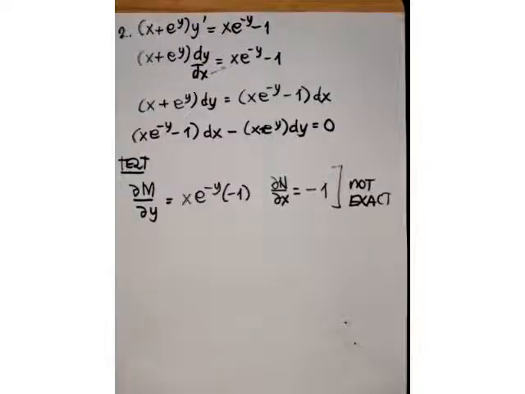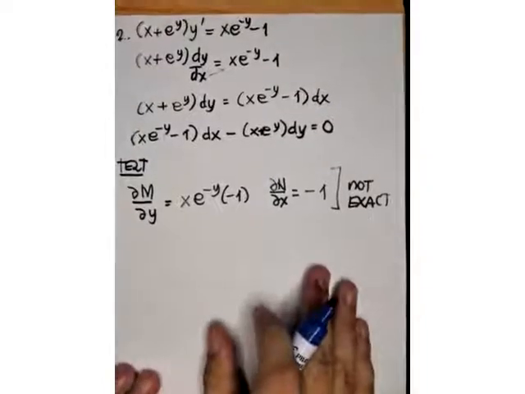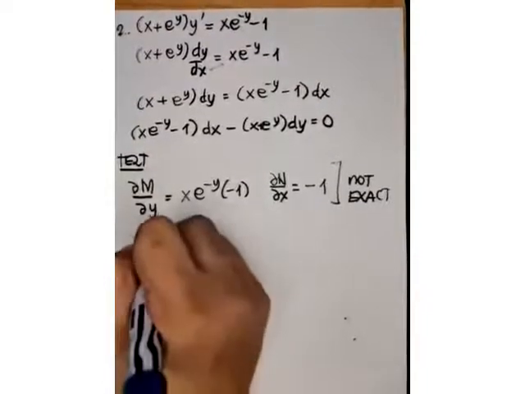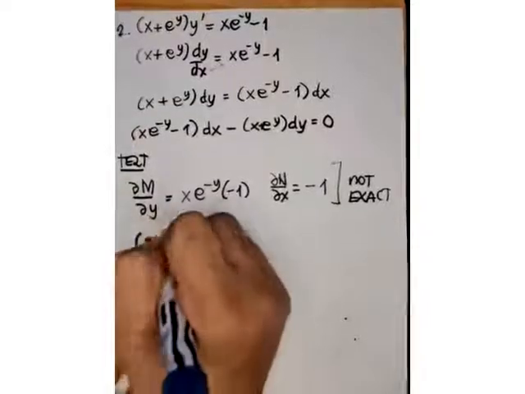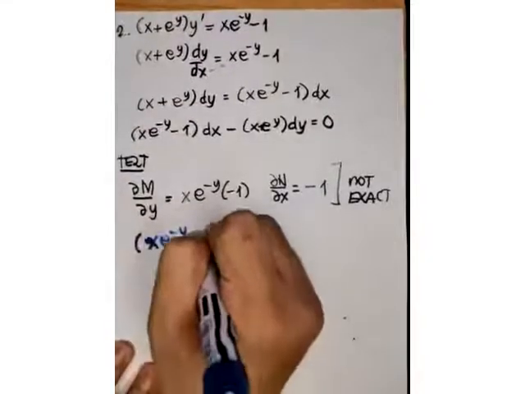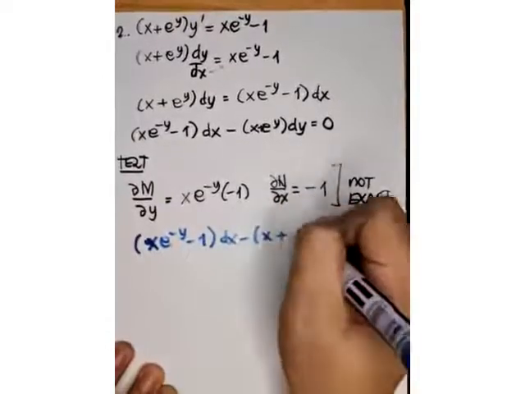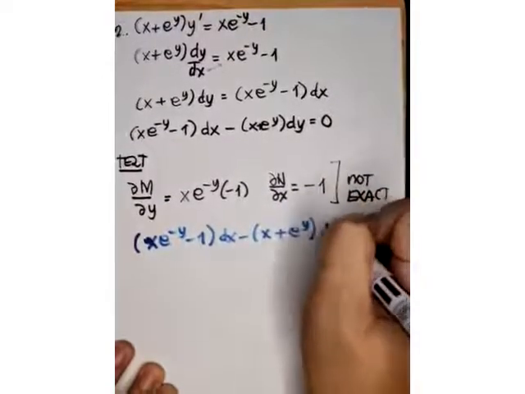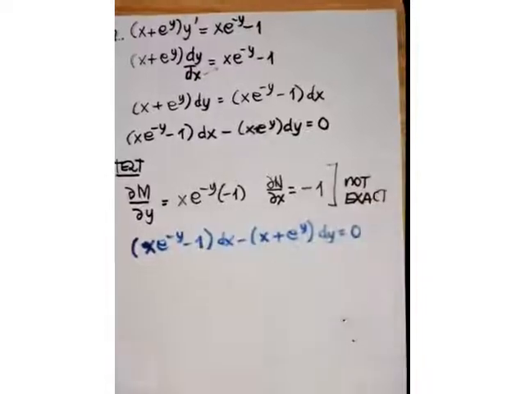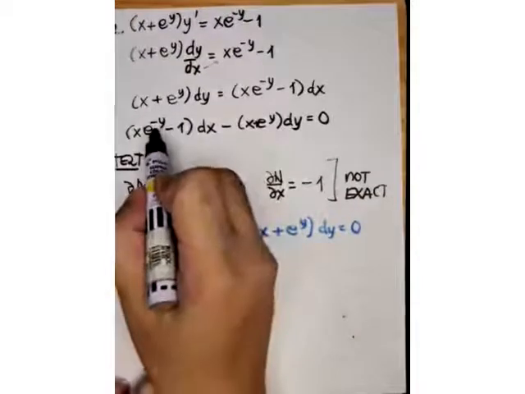Okay, class. So let me try something. So let me copy the equation again. Ayan. Medyo na ano kasi ako dito sa negative y.